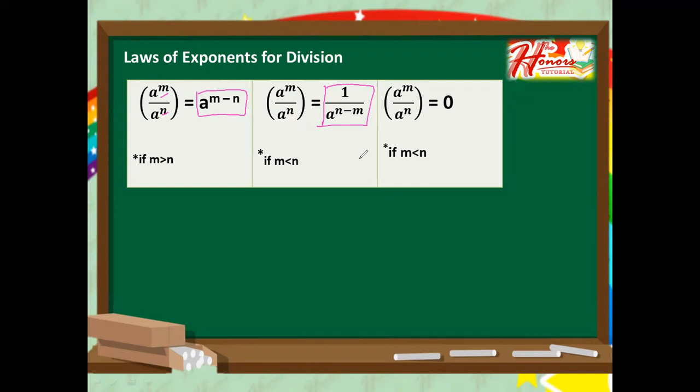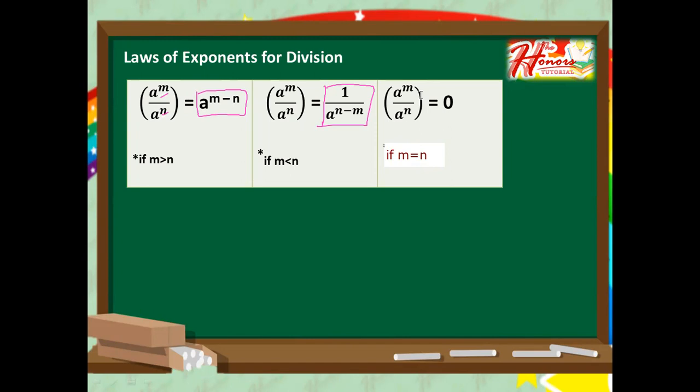Next. So for this part, for the third one, this is if m is equal to n. I will write it for you here. Again, if m is equal to n.